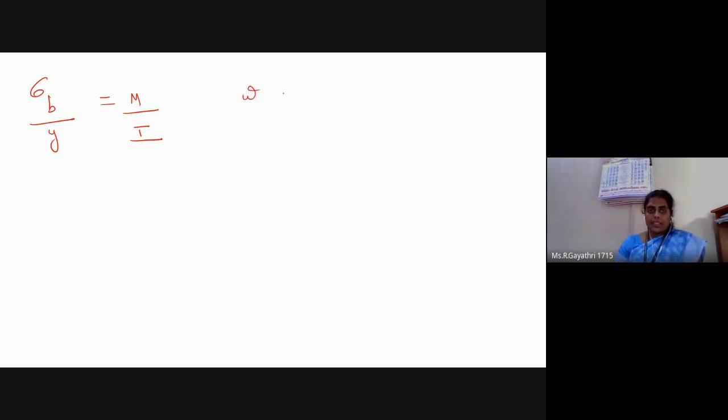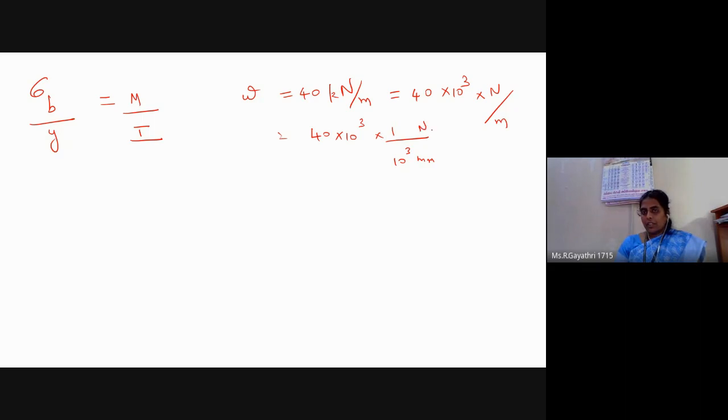Here the uniformly distributed load magnitude is 40 kilonewton per meter. So we can write it as 40 into 10 power 3 Newton per meter. A meter can be written as 10 power 3 mm, so Newton per mm: 10 power 3 into 10 power minus 3 is 1.